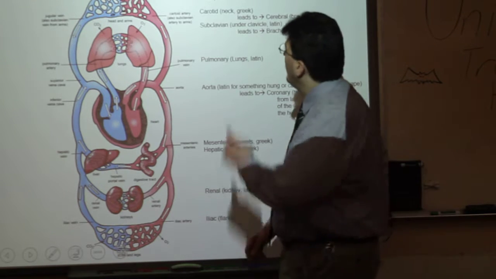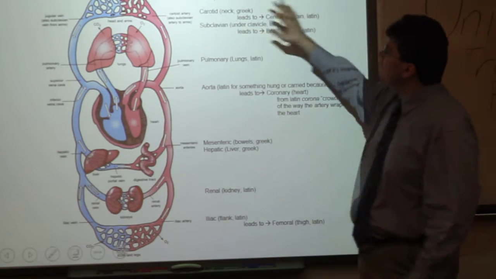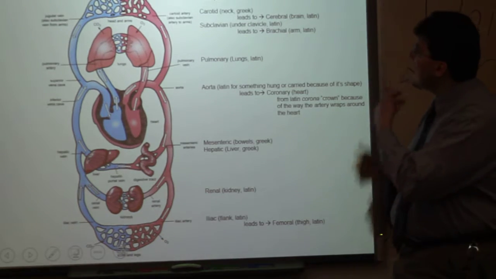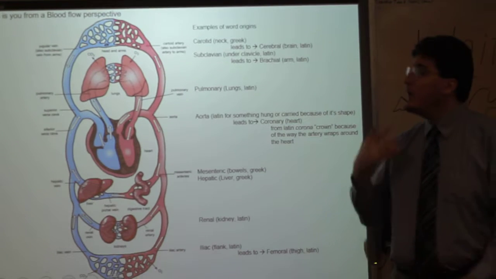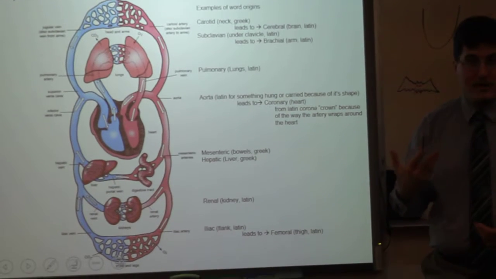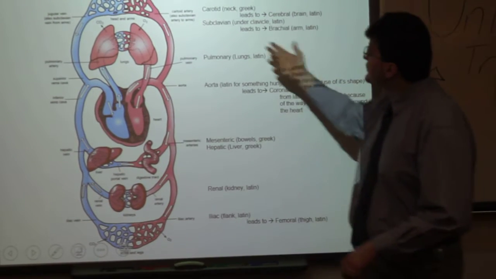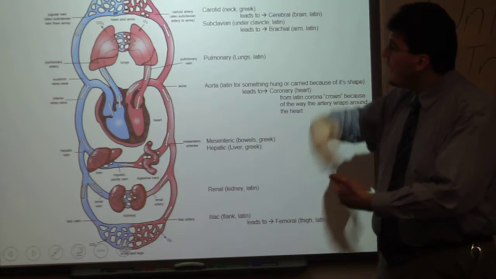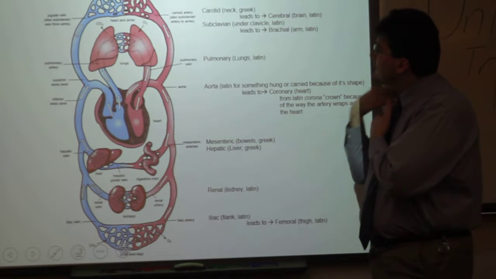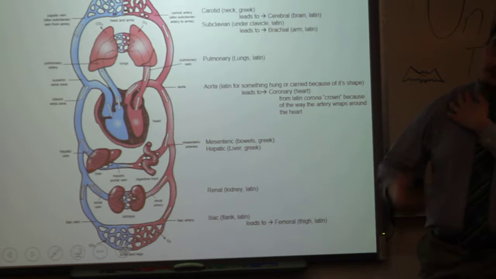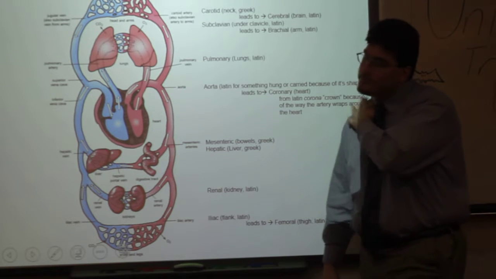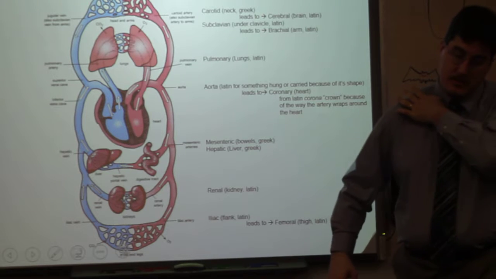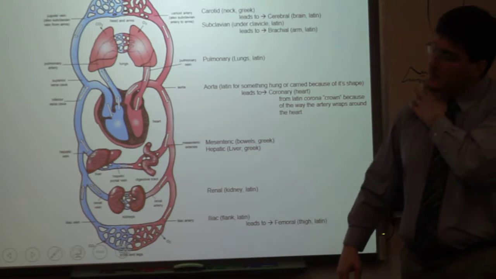All right. So, carotid comes from the Greek for neck, and that leads to the cerebral arteries. The cerebro comes from Latin for brain, cerebro. Subclavian. Sub is underneath. The clavicle is Latin for the carriage, this bone right here.